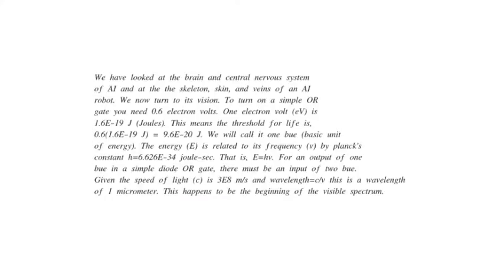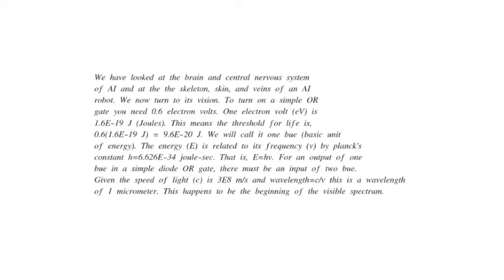This means the threshold for life is 0.6 times 1.6 times 10 to the minus 19 joules, which equals 9.6 times 10 to the minus 20 joules. We will call this 9.6 times 10 to the minus 20 joules 1 BUE, which will stand for basic unit of energy.